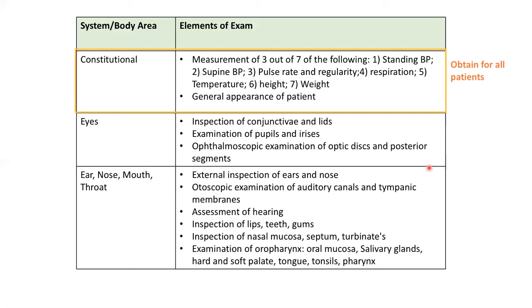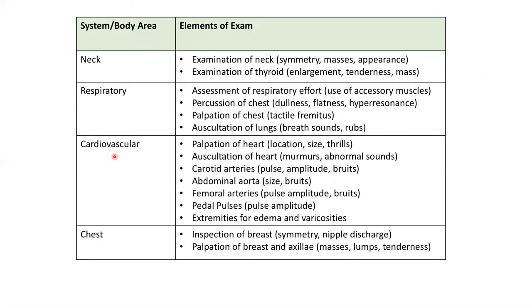So a good example would be the cardiovascular system. So we have palpation of the heart. So this is a process by which you're feeling for the size of the heart. When we're talking about palpation, we're looking for palpation of the PMI, the point of maximal impact, which is where the apex of the heart is hitting the chest wall. And that gives the clinician an indication to whether or not the heart is enlarged and there may be cardiomegaly present.